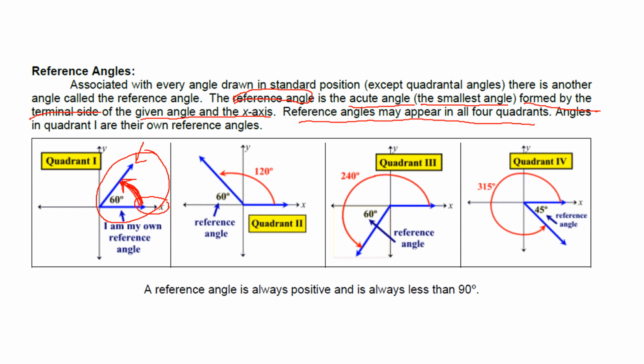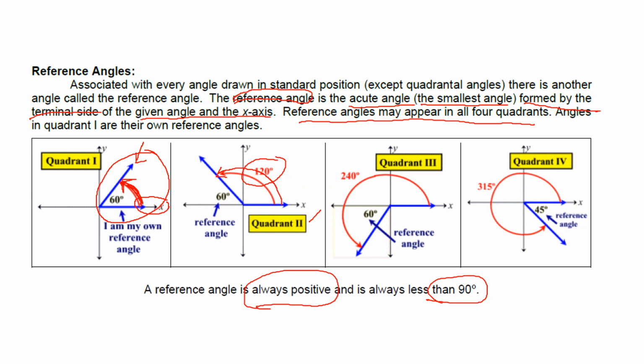Now, if we look at quadrant 2, the angle here is 120 degrees. But we say that the reference angle is always the smallest angle. It is always positive and less than 90 degrees. So we cannot use 120 degrees. What are we going to do?